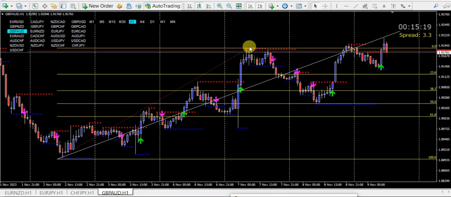So you can see that when the price was coming back, it retraced, slashed through 23 point something, didn't relent, came down, slashed through 38.2, and then didn't relent until it got to this 50%. And you can see now from this 50%, the retracement was over and it has to go back up.